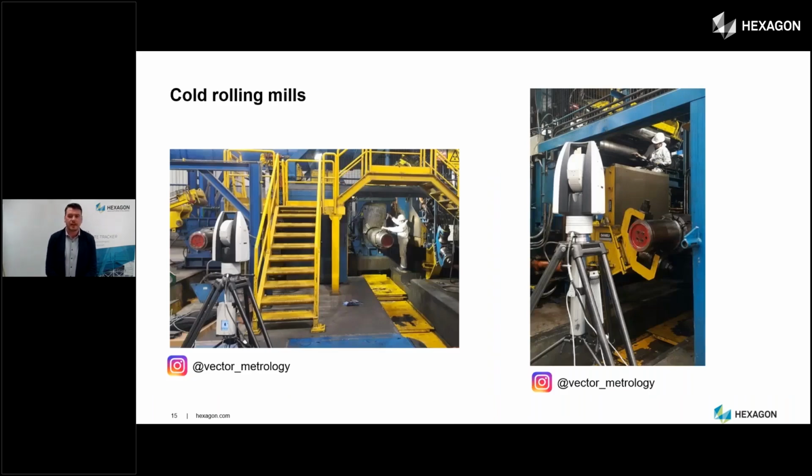And for a little bit more handy or ergonomic application, we also have a solution in the cold rolling mill, or in the steel industry, with a T-Probe. So really a little bit handier solution with a programmable button, and it's a one-man operation solution.